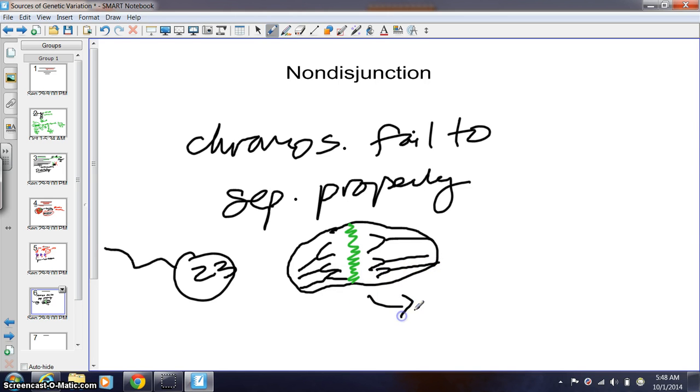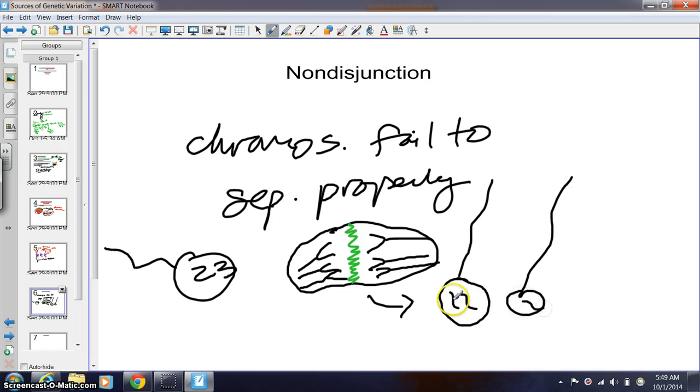And then during meiosis 2, anaphase 2, those chromosomes will pull apart again and create a situation where you have maybe 2 chromosomes or one, let's say 2 chromosomes more than another, okay? Or really one more. So what happens is these chromosomes fail to separate properly, okay?